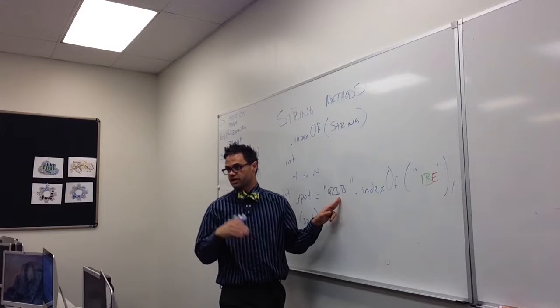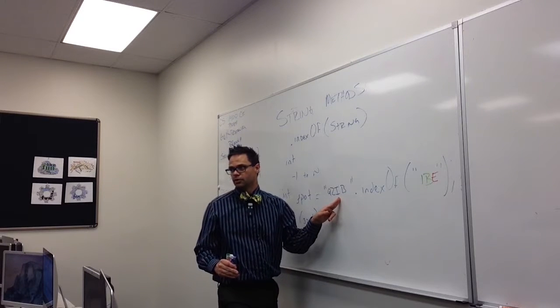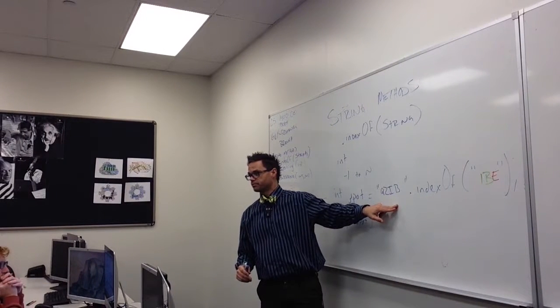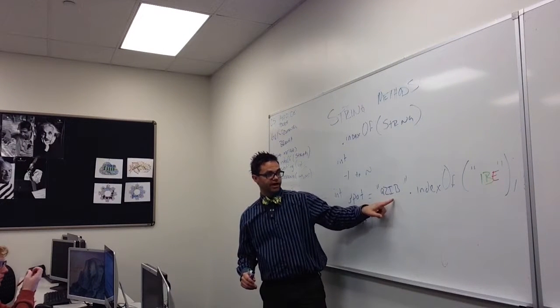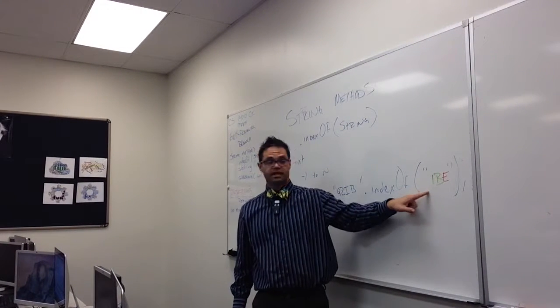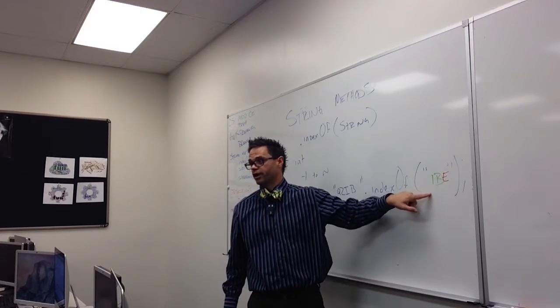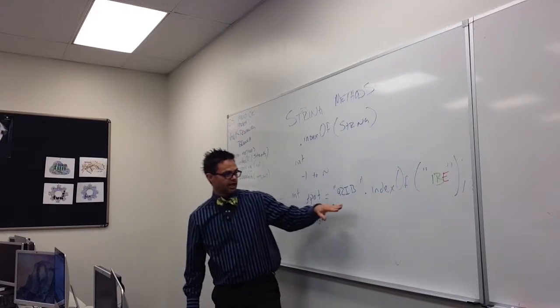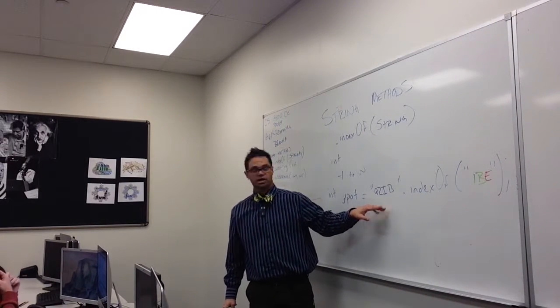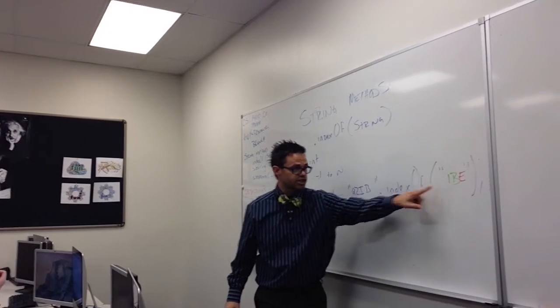And it keeps repeating that process until it's done. And if it finds all the string values inside the parameter string, inside the calling string, it will return the index of the first time.